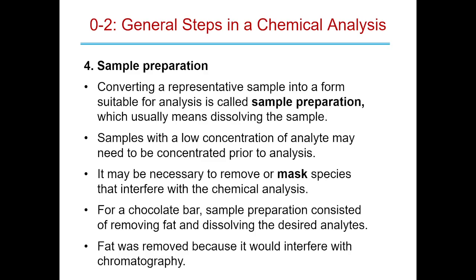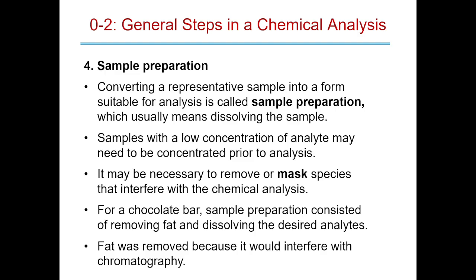It may be necessary to remove or mask species that interfere with chemical analysis. There are species that can make complexes with other stuff you have in there. There are species that can detect the same as another species, depending on your test. So what you may need to do is mask, which is like a mask, right?